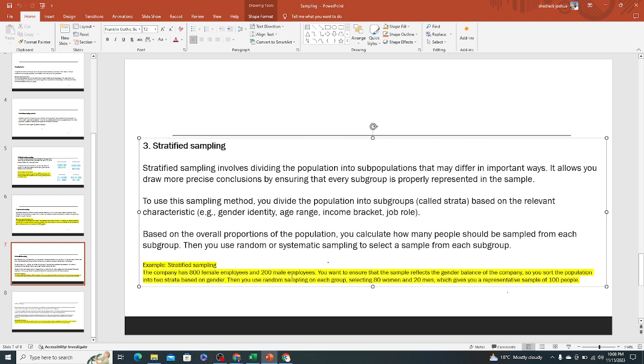Then out of those strata you might decide to take randomly 80 women from the 800 females and 20 males from the 200 males, which gives you a representative sample of 100 people. So that is stratified sampling.